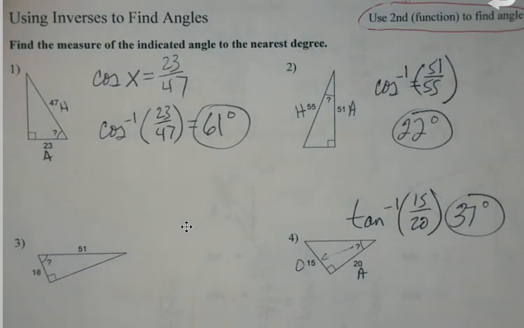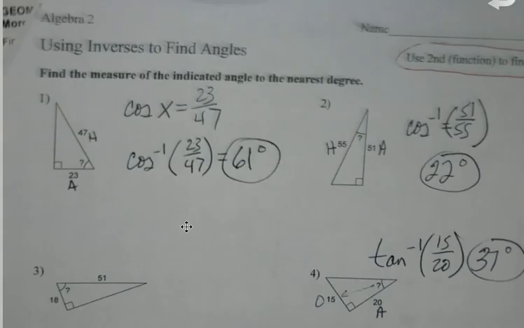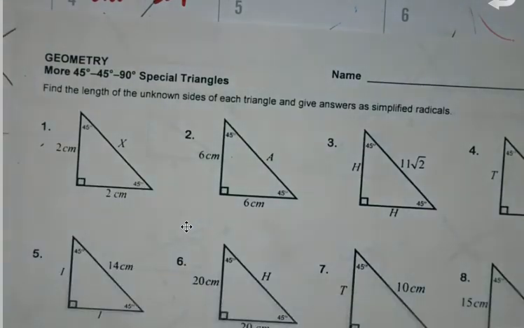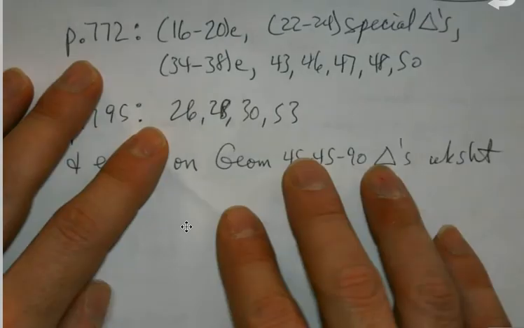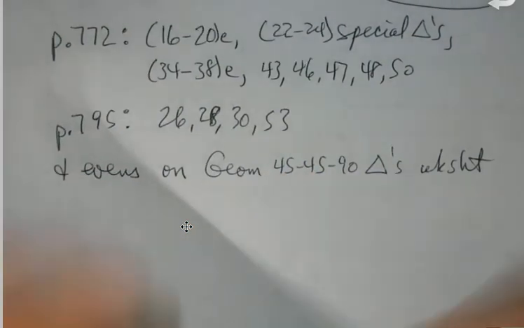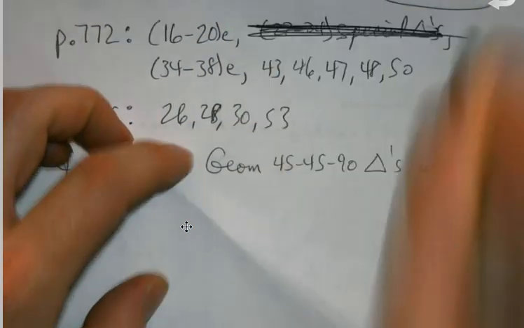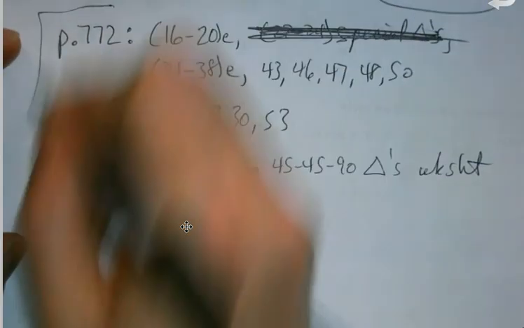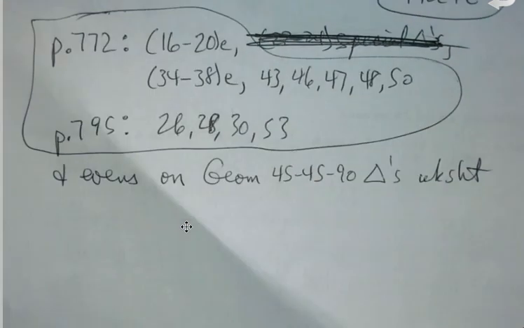So here's where we're going to stop for right now. Since I don't have the special triangles on this one, keep hold of that. That's going to be the first thing we see tomorrow. For right now, that is what we are playing with.